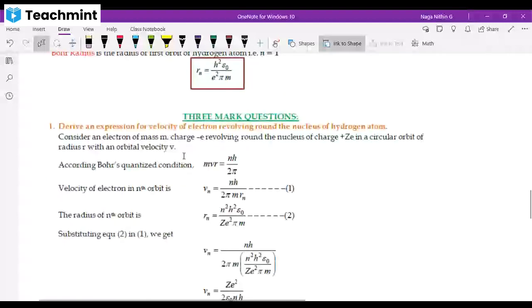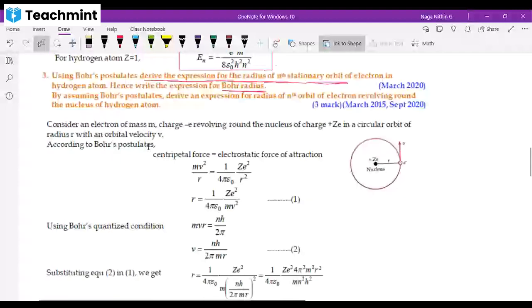Next, expression for Bohr's radius. These 3 questions are there. I think all of you prepared these questions. I am just once again saying the questions, that's it. Whatever you already prepared, continue that preparation. If still not prepared, then go with this.